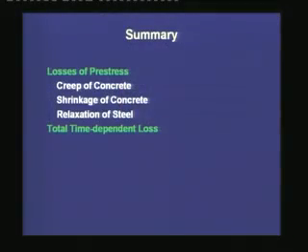The second loss that we have studied was the shrinkage of concrete. The shrinkage of concrete is the reduction of volume or the reduction of length with time due to the loss of moisture. Like creep, shrinkage also depends on several variables, and it increases with some of the variables and decreases with some of the variables.